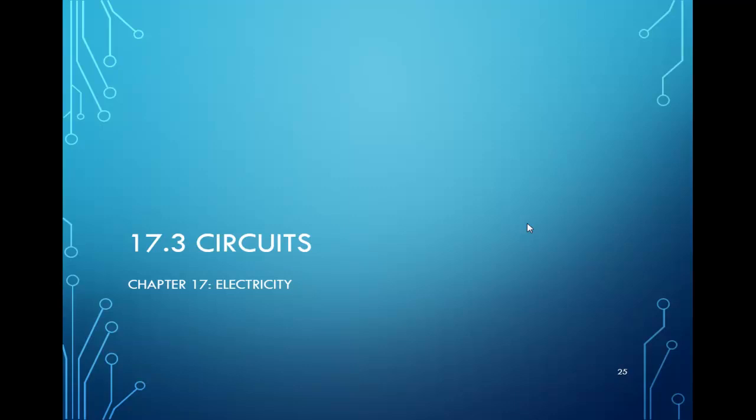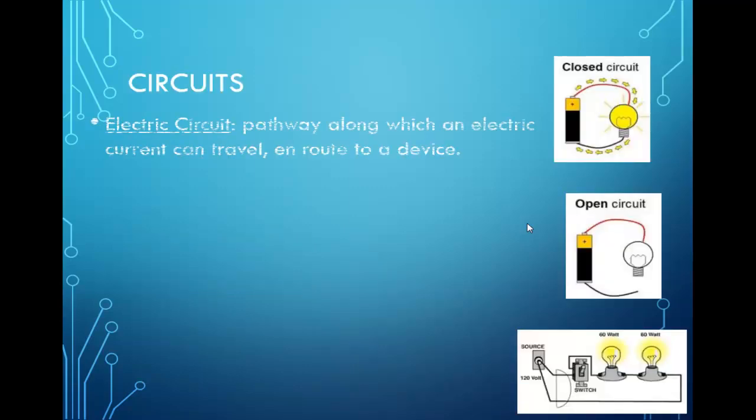Today we will talk about section 3, circuits. We have two types of circuits: closed ones, like this picture, and open circuits. What is an electric circuit? It is a path along which an electric current can travel.